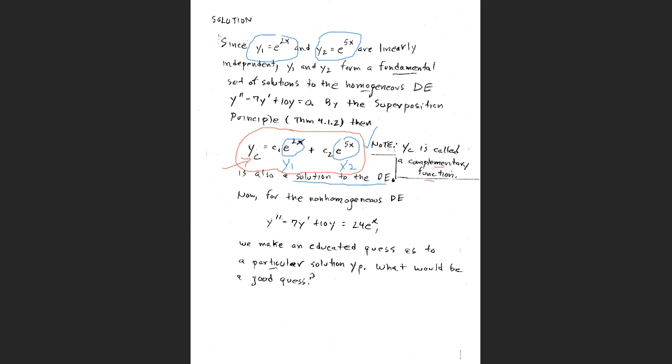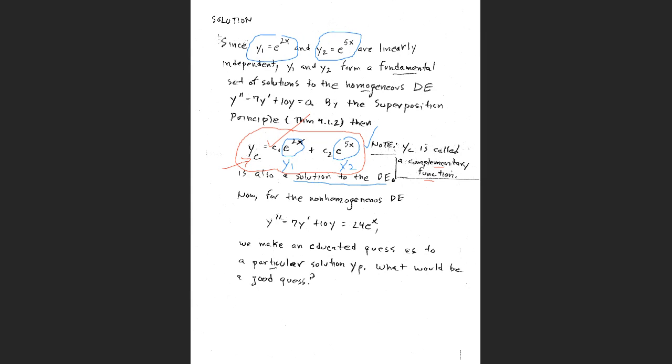Well, the answer is no. This is the general solution to that homogeneous differential equation. And obviously C1 and C2 can vary depending on what your initial conditions are. But we're not worried about solving it, and you know how to solve initial value problems. But we're not worried about that here.